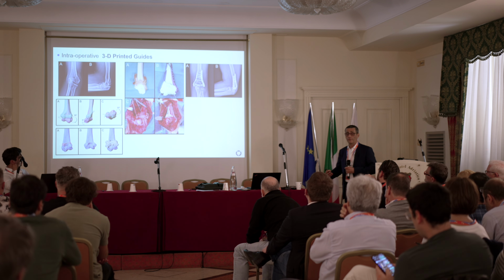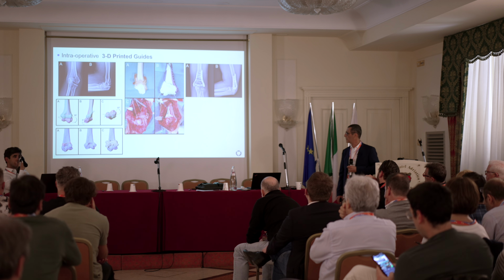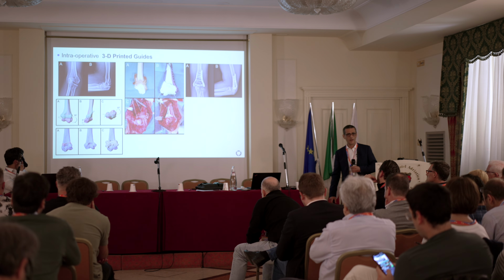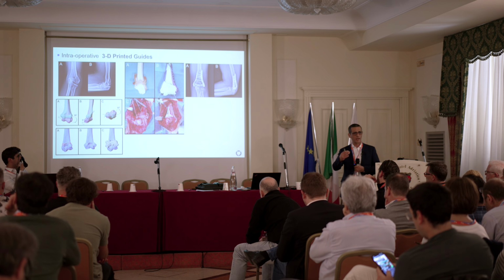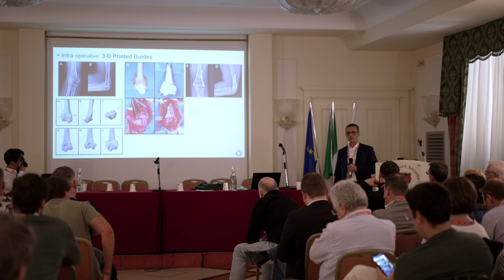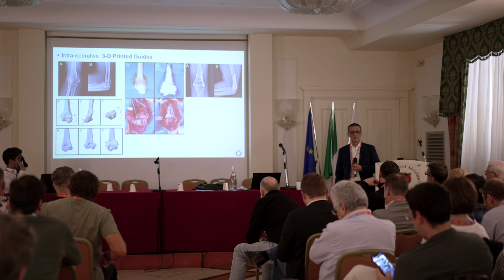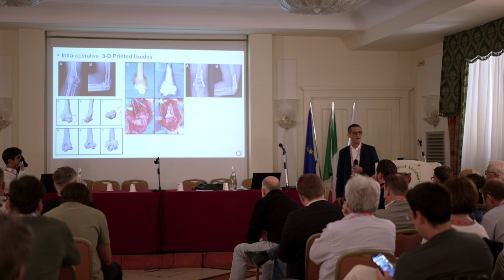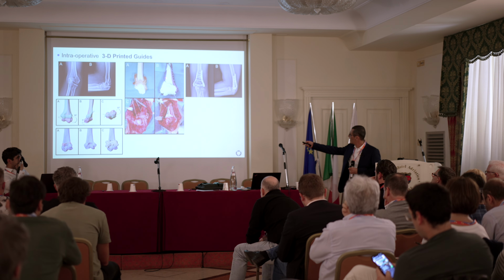With a deformity, you can study your deformity, you can create a correction, and you can create a virtual guide to obtain specific cut. You can print your guide in plastic. You can sterilize the guide. You can go in surgery after 1 month at least. And you can create a specific cut and a specific correction.